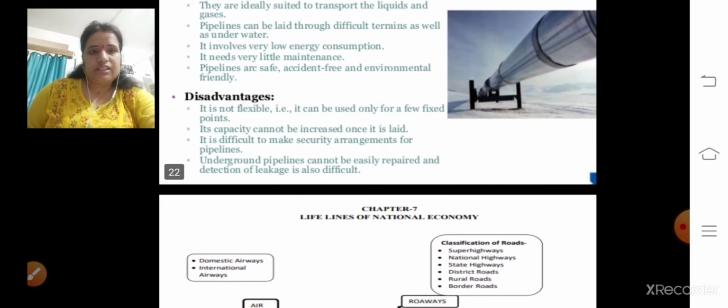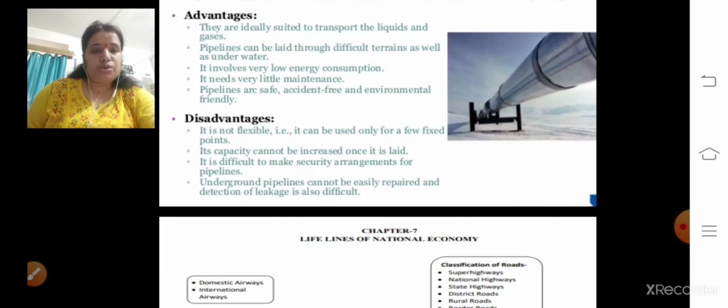What are the disadvantages? It is not flexible. It can be used only for a few fixed points. Its capacity cannot be increased once it is laid. It is difficult to make security arrangements for the pipelines. Underground pipelines cannot be easily repaired, and detection of leakage is also difficult.